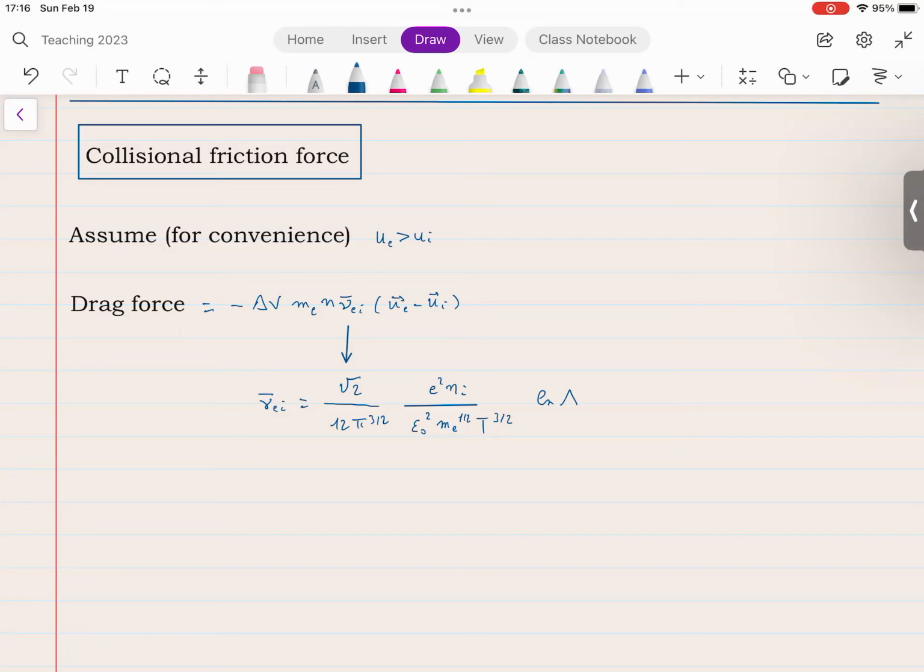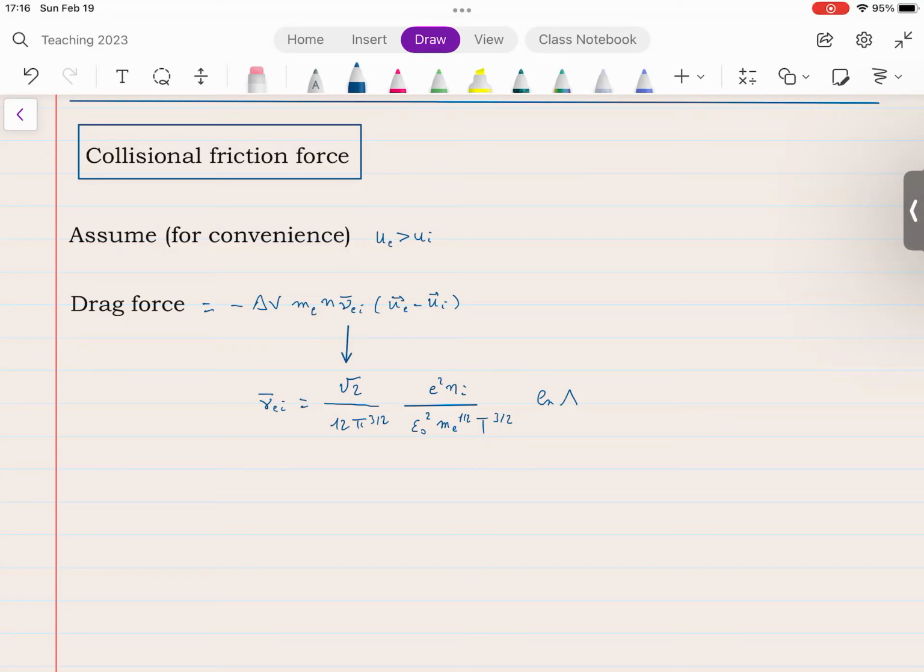The reason for using this collisional frequency is actually that we're going to define it precisely so that we can use it this way. We could define averages in different ways, but this is what is going to make the drag force have a simple expression.